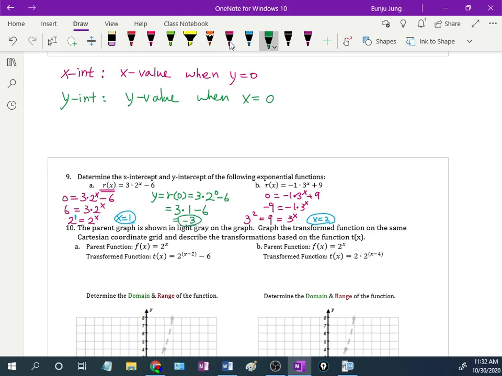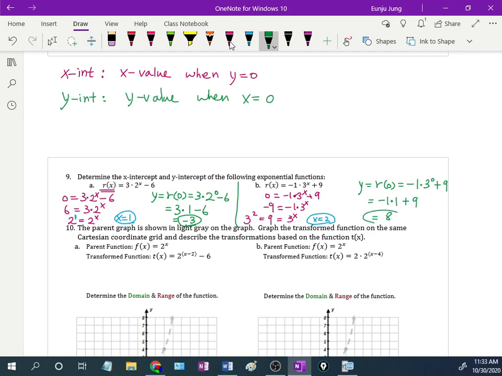That is y-intercept. Similarly, for the other problem, you do y value. You are looking for y value, so let's plug 0 in the given function. So instead of x, you plug 0, and you can evaluate it. So negative 1 times 1, that is negative 1, plus 9, and we get 8. All right?